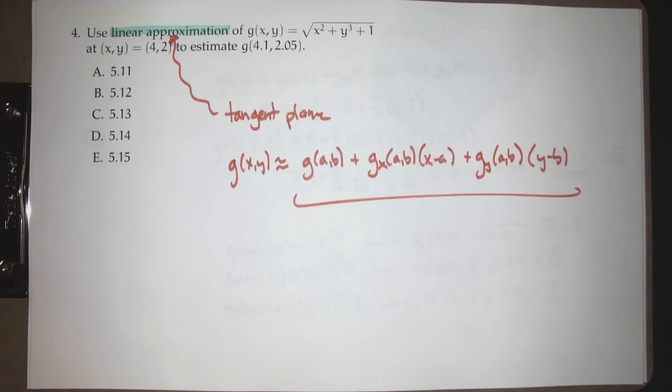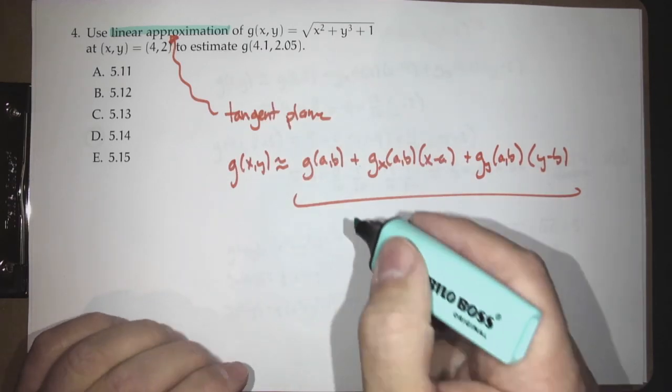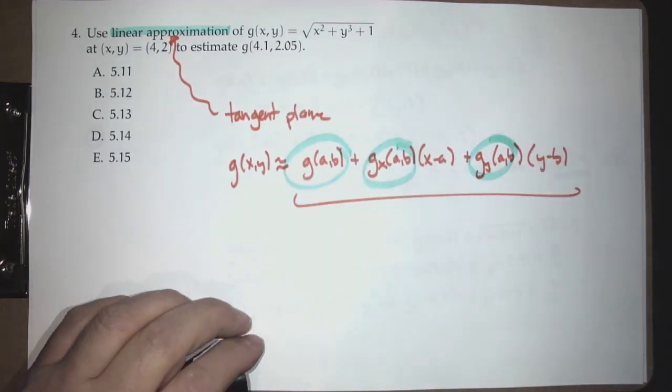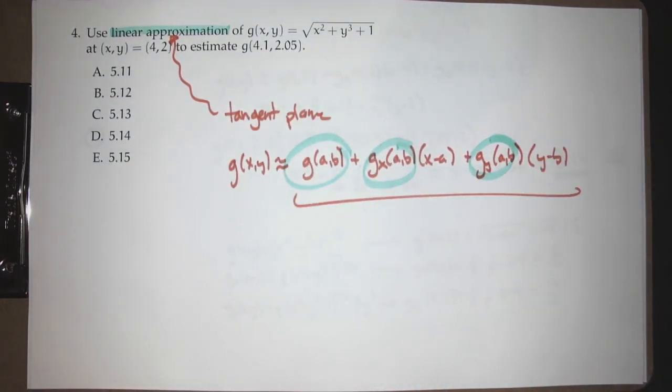A couple of things to be careful of. This would never happen to you, but I'm just going to say it. What do these three things have in common? They're numbers. So make sure you evaluate them. Your linear approximation should look like a plane because it's a plane. All right, so our answers, A, B, C, D, or E, what does it turn out to be?